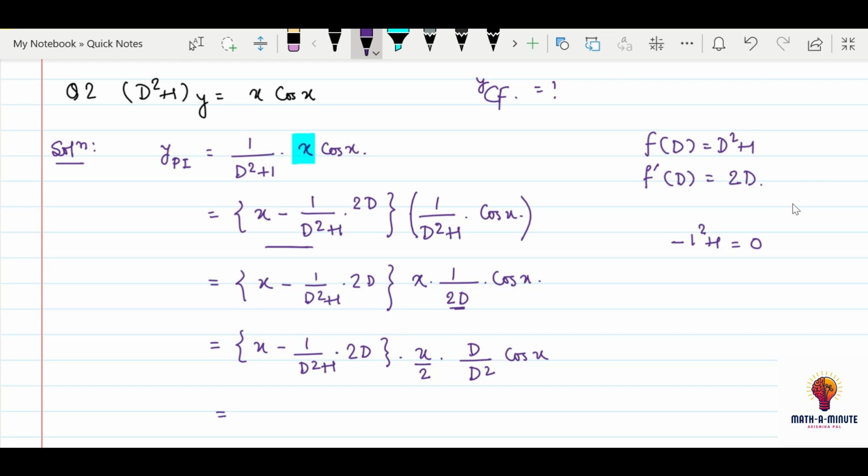So in the next step we can write 1 by D square plus 1 into 2D, and it will be x by 2, minus 1 square. Let me write the minus here, and the derivative of cos x is minus sin x. So ultimately it will be a positive function, x by 2 sin x.